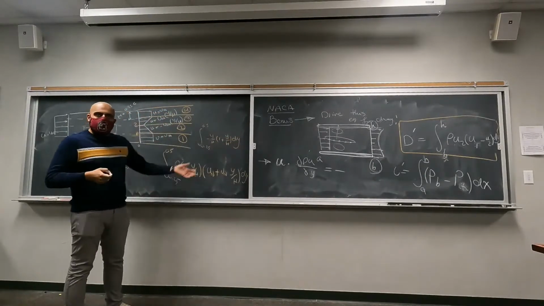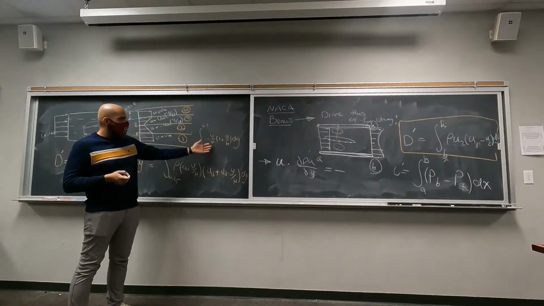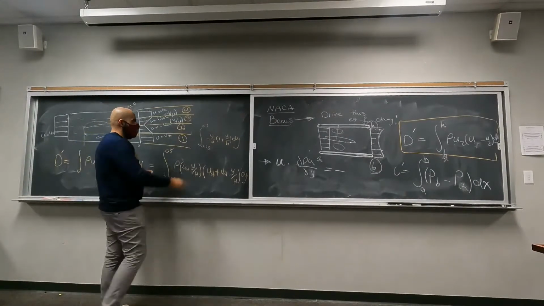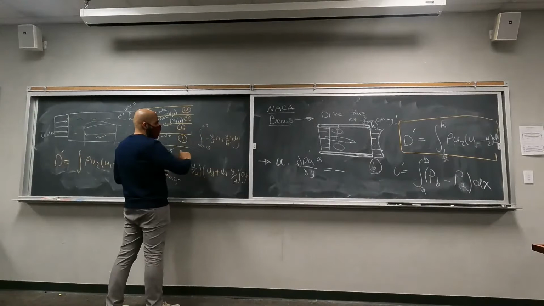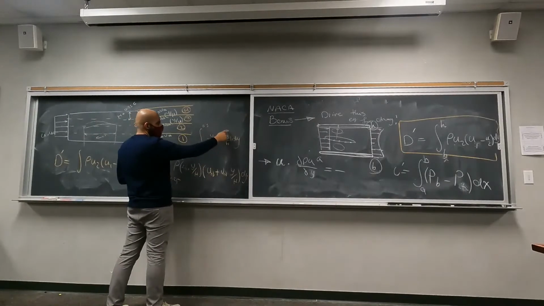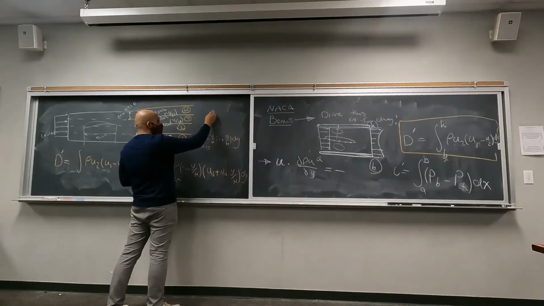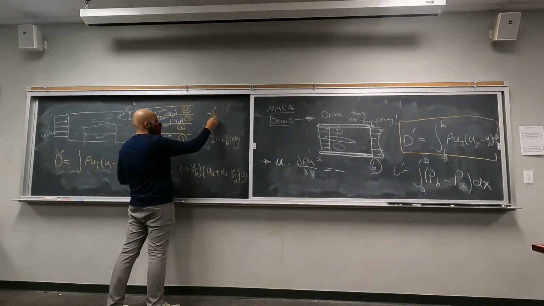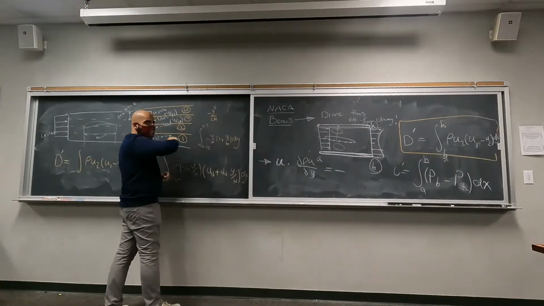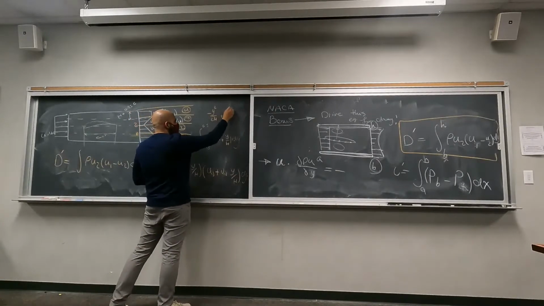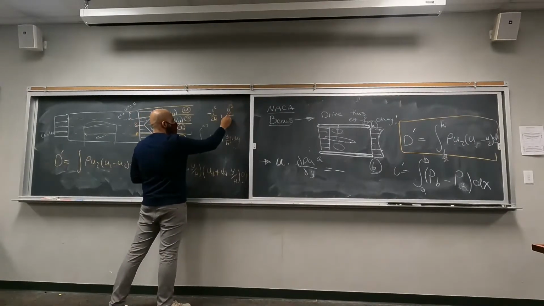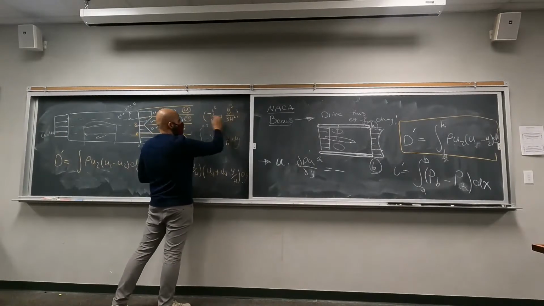So what is the solution to this integral? You can just multiply this y over h by this whole thing here. It's going to be y over h, y squared over h squared. Integral of y over h is going to be y squared over 2h, right? And for the rest of it, we're going to have y cubed over 3h squared.